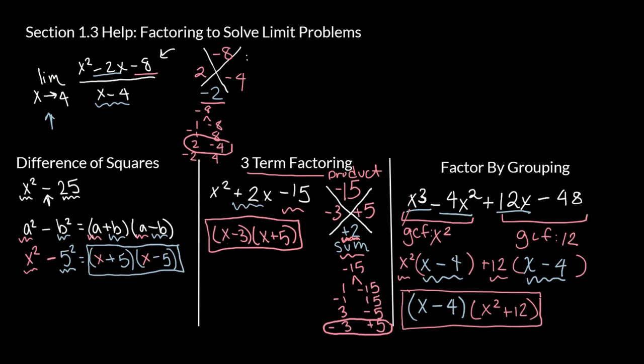So what this means is we can rewrite our limit problem now in factored form. So it's going to be the limit as x goes to 4. I'm going to rewrite the x minus 4 on the bottom. And then the numerator we're now going to turn into factored form with these two factors, x plus 2 and x minus 4.